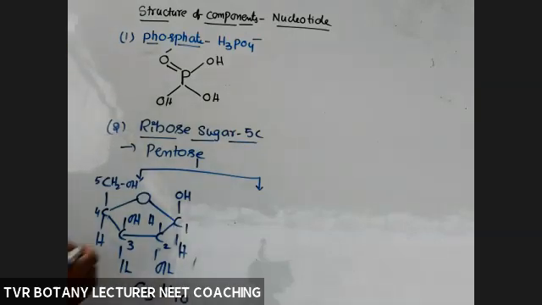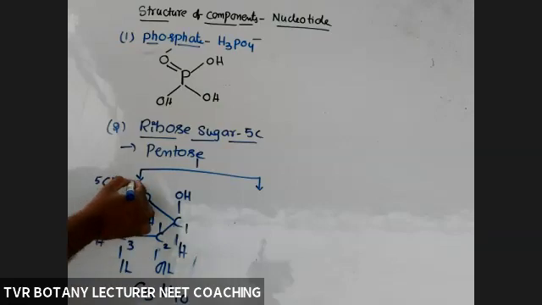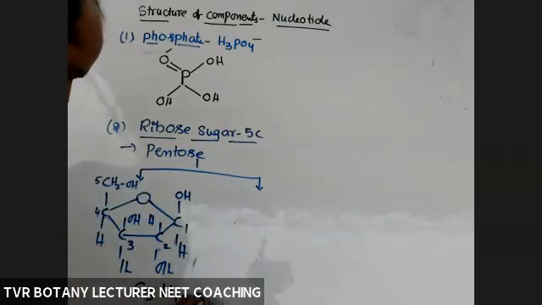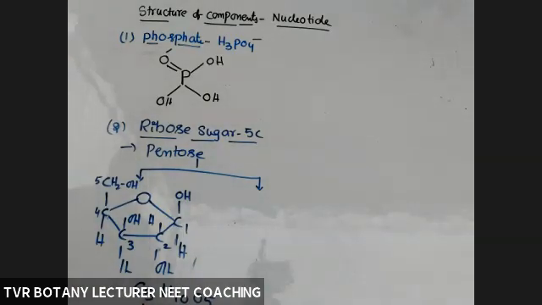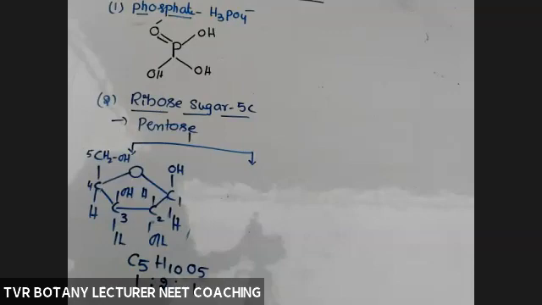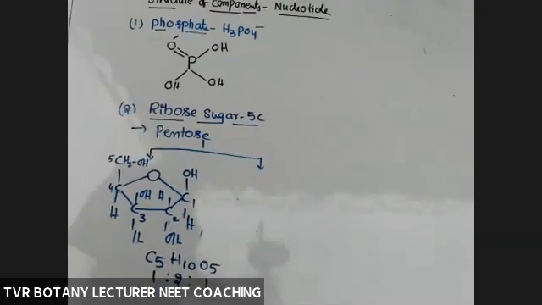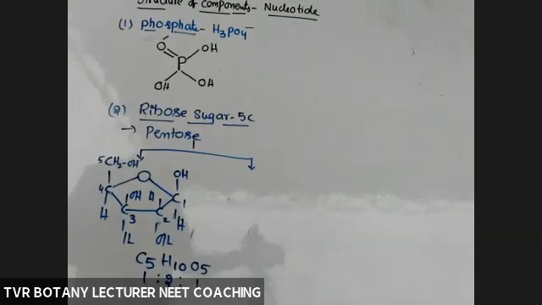Okay, oxygen atoms 1, 2, 3, 4, 5. Okay, so 1 is to 2 is to 1 ratio. Generally, carbohydrates are having 1 is to 2 is to 1 ratio between carbon, hydrogen, and oxygen.